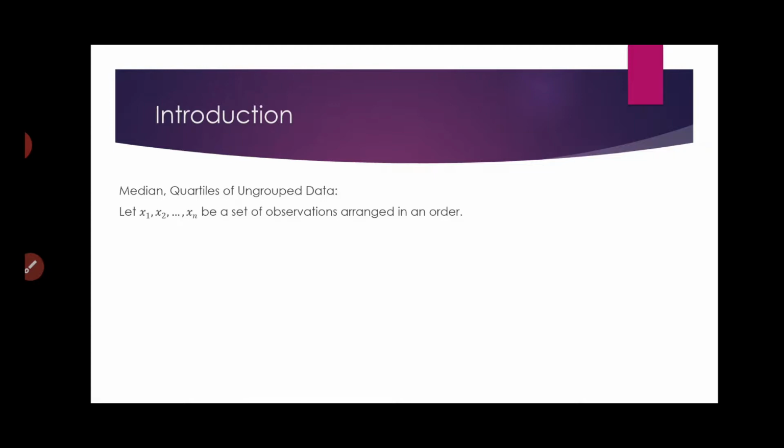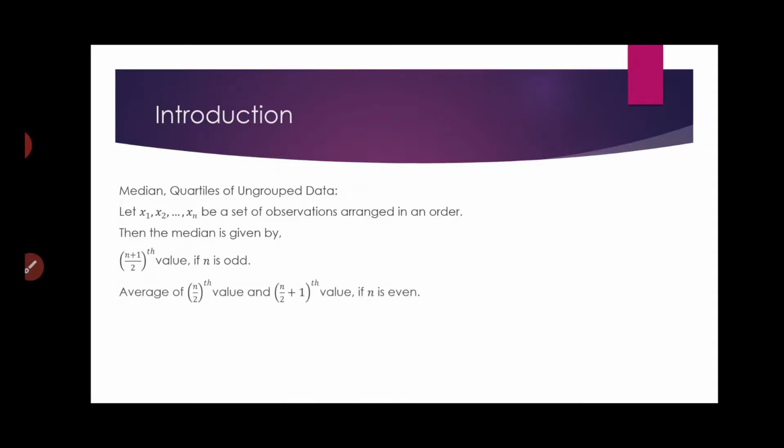So if I have x1, x2, dot dot dot, xn, a set of observations, then we know that the median is given by the (n plus 1) by 2th value if n is odd, and the average of the n by 2th value and the (n by 2 plus 1)th value if n is even. We have done this in our previous classes.